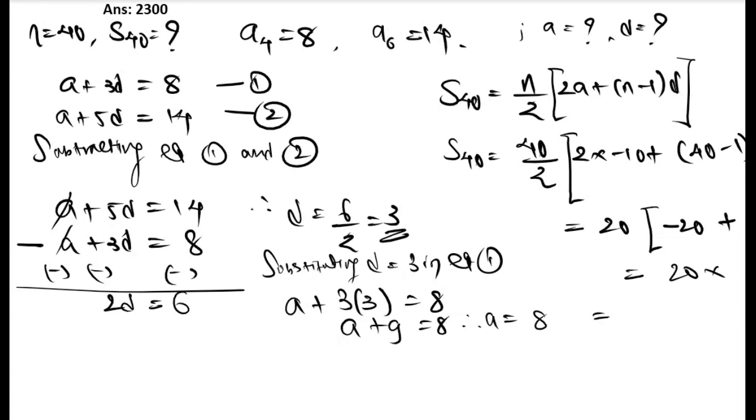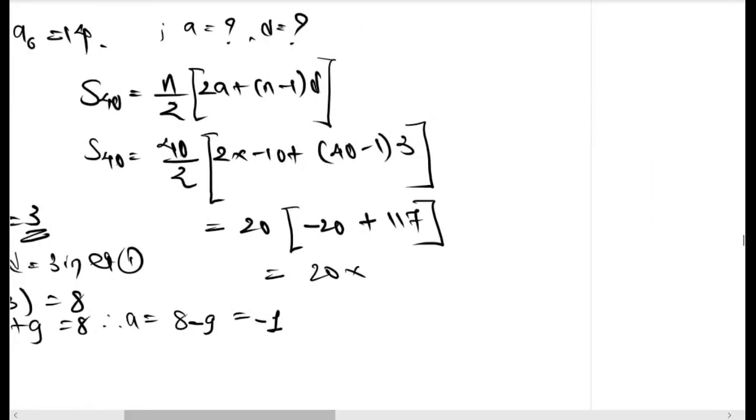Yeah, I made a mistake. 8 minus 9 will be minus 1. Right, so everything is going to change over here. So the first term is different, right? So here minus 1 will be there. This will change.